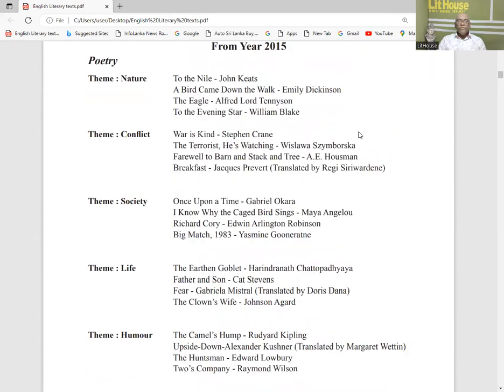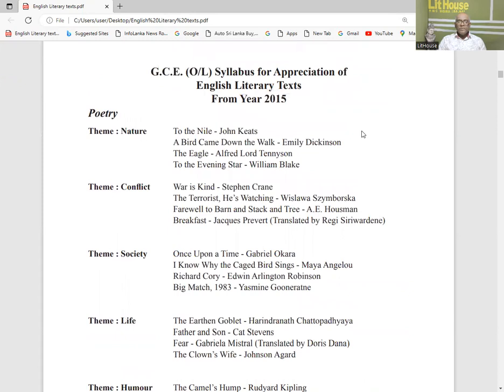Now in this page you find all the poems you are going to study. There are 20 poems. These poems are divided again into themes, 5 themes.